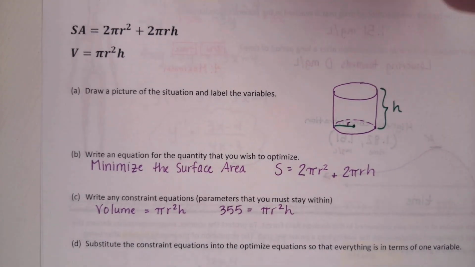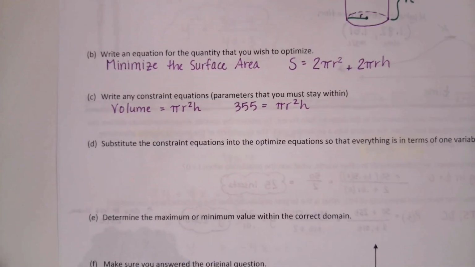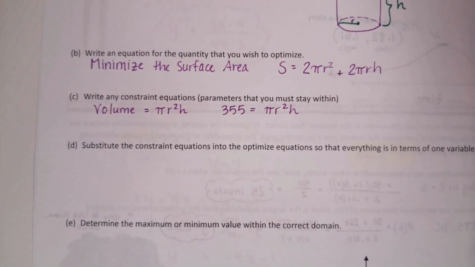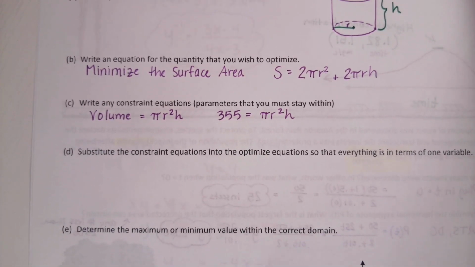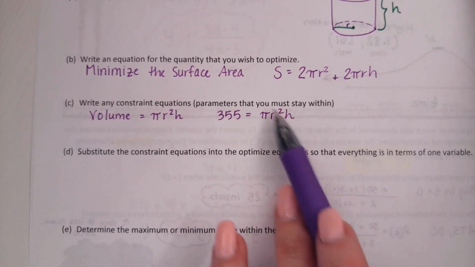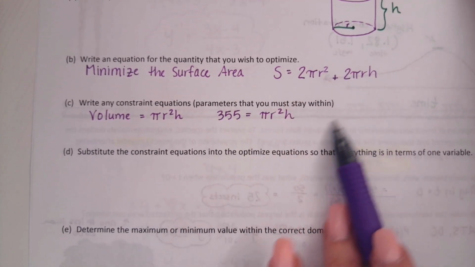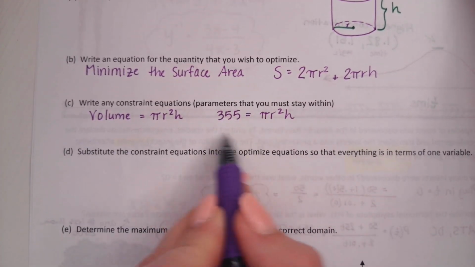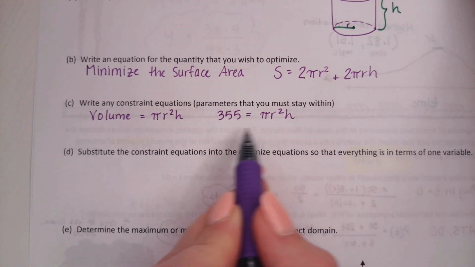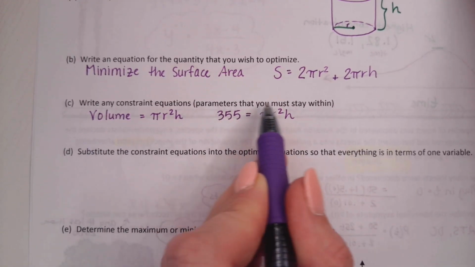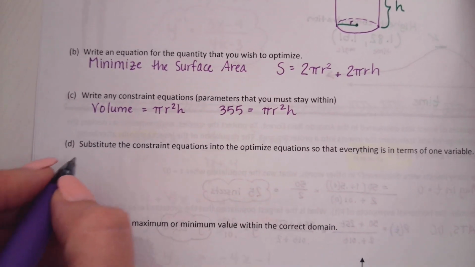Okay, all right, we get it. Substitute the constraint equation into the optimized equation so that everything is in terms of one variable. So when we look at this, which variable would be easy to isolate? H would be easy to isolate.